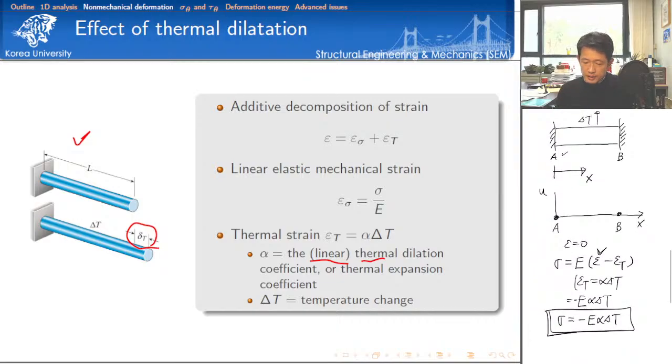Okay, instead of temperature, let's consider humidity. The humidity is usually denoted by H. Then in the case of porous materials like concrete, if the humidity of the concrete drops, the concrete would shrink, the volume of the concrete shrinks.